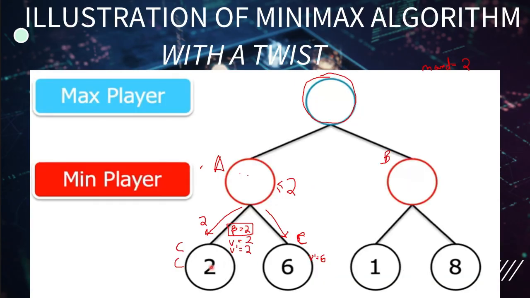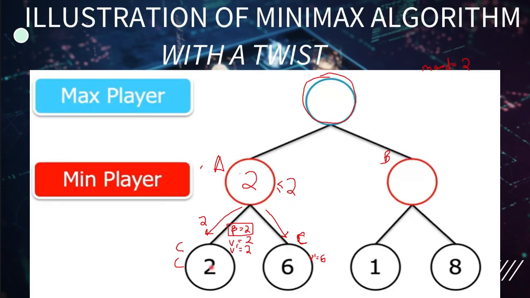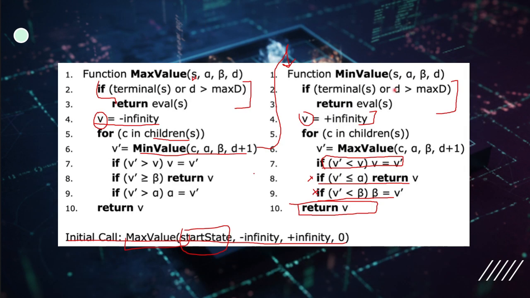So the value of this node is 2, because it finally returns V and our V was 2. We get a value of 2 from this node. Recall from where we started: we were aiming to get the value for this variable V dash in this max value function.